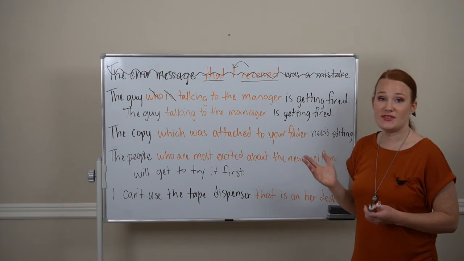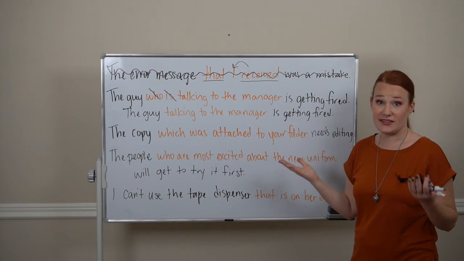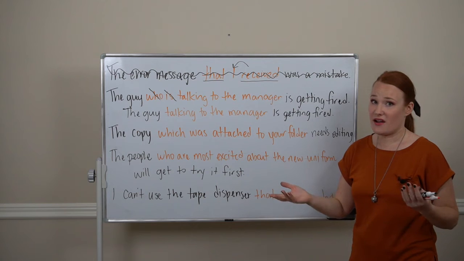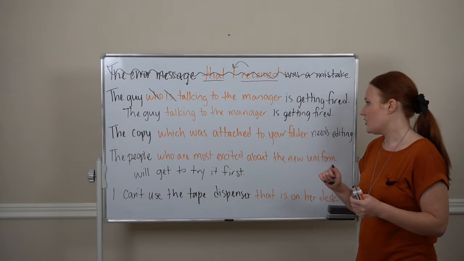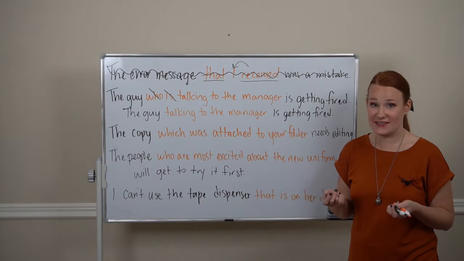So we have reduced our relative clause down to this phrase. A little shorter, a little easier to say. Very common in English. So how did I just do that? How do we reduce these relative clauses?